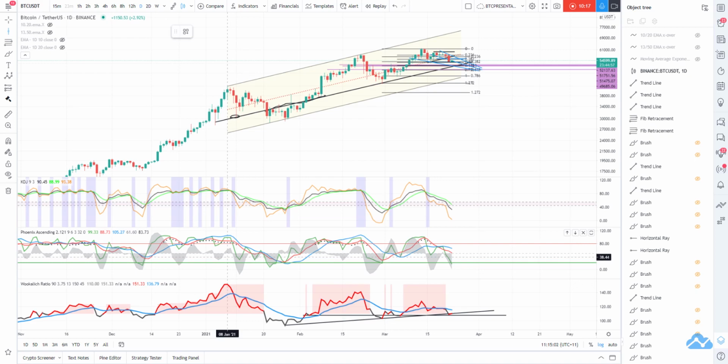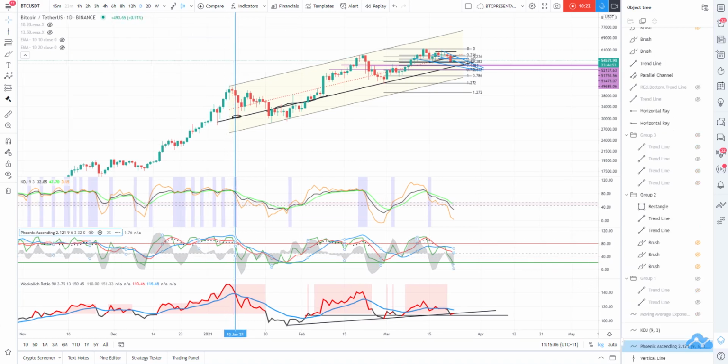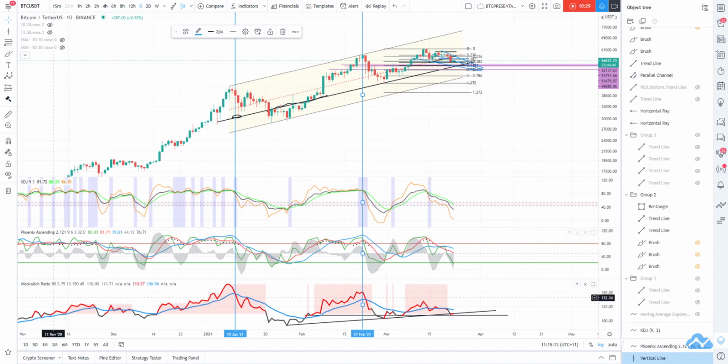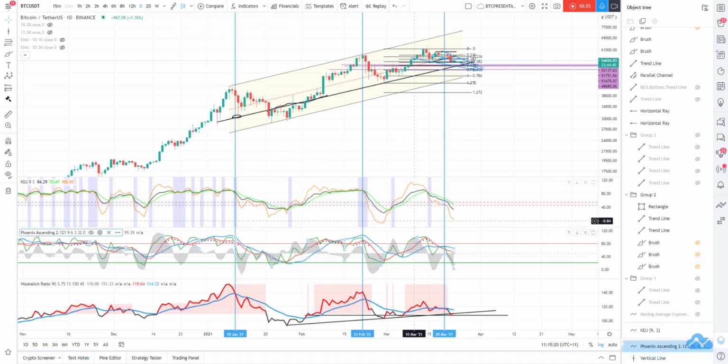I'll use this Phoenix indicator. When the green crosses the red, I'll put a mark there. And when the green crosses the red, I'll put a mark there. And when the green crosses the red, I'll put a mark there.